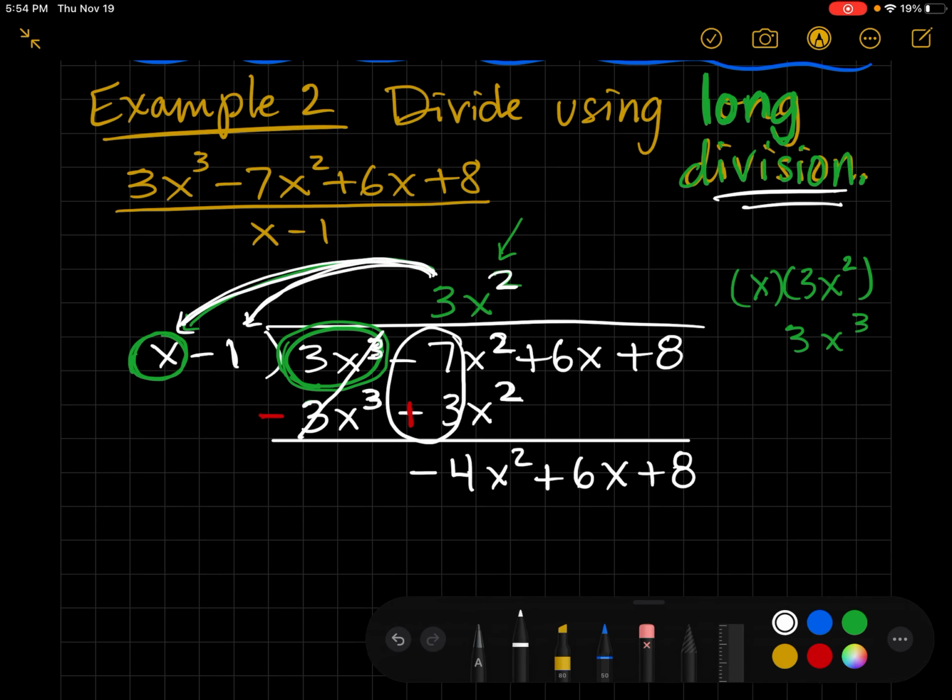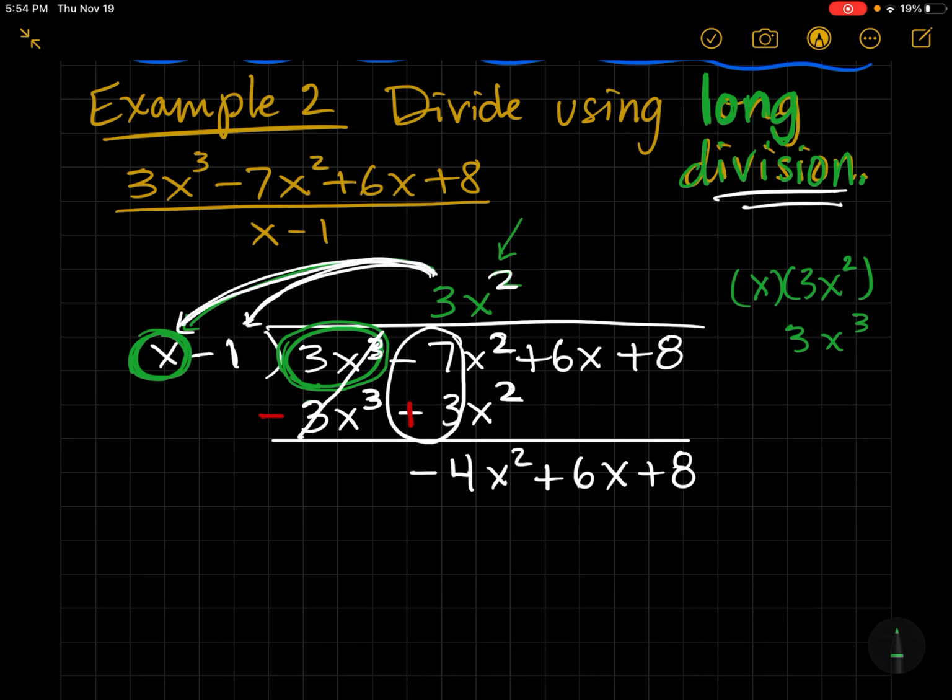So now, remember, you're only looking at the x, and we're only going to look at this first one right here. Before we looked at up here, now we're looking right here, okay? So what am I going to multiply x by to get this? A negative 4x.